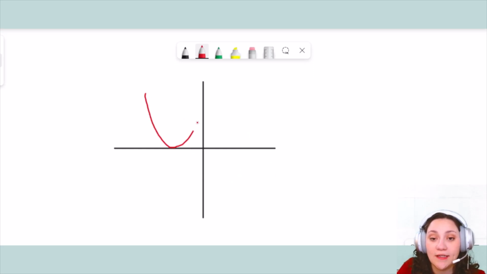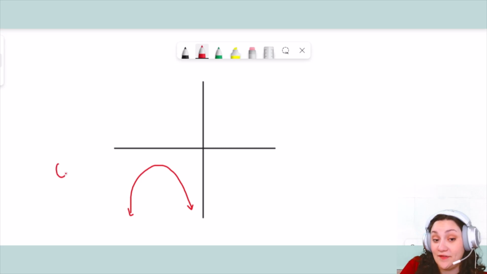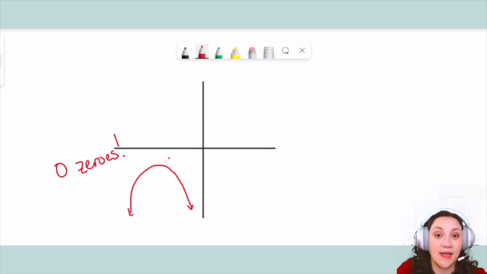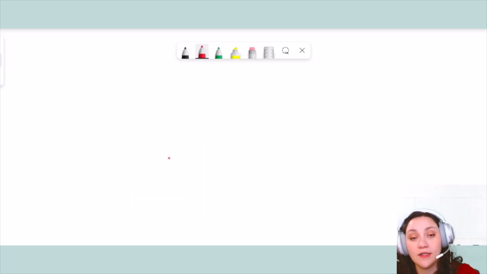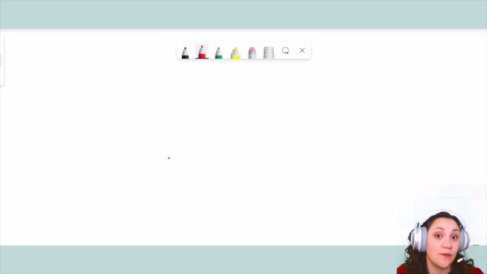Maybe it only touches that x-axis in one place. So that would be an example of 1 zero. Or we could have a graph that is floating somewhere in one of the quadrants, and then it would have 0 zeros. So again, we've already talked about this, but just to remind you, as we're solving these quadratic equations, we might have 1 zero, 2 zeros, or no zeros.